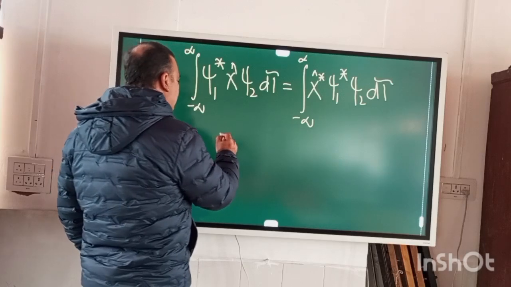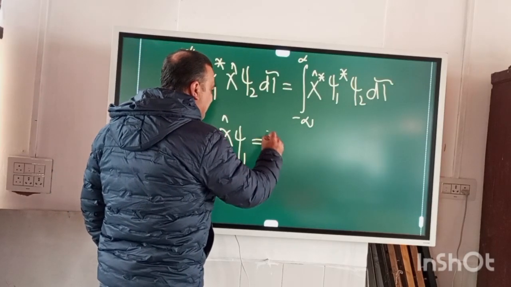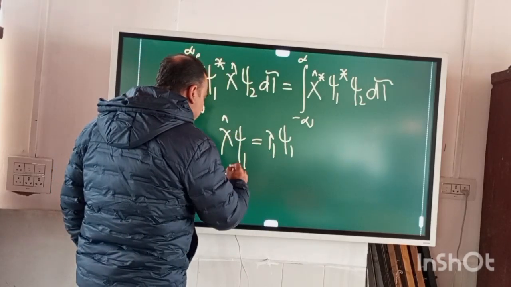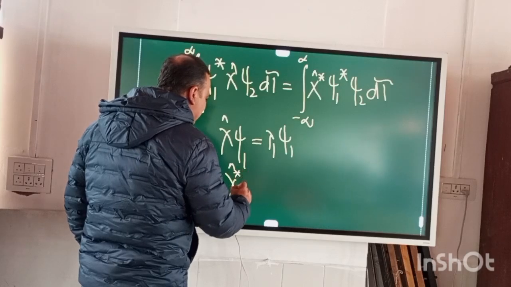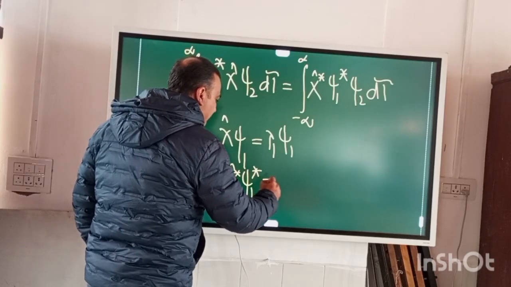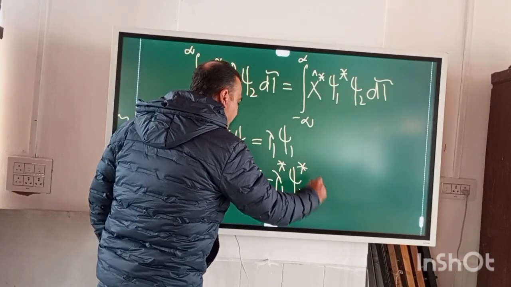We have x on psi1 giving lambda 1 psi1, and taking the complex conjugate, x cap star psi1 star will be equal to lambda 1 star psi1 star.